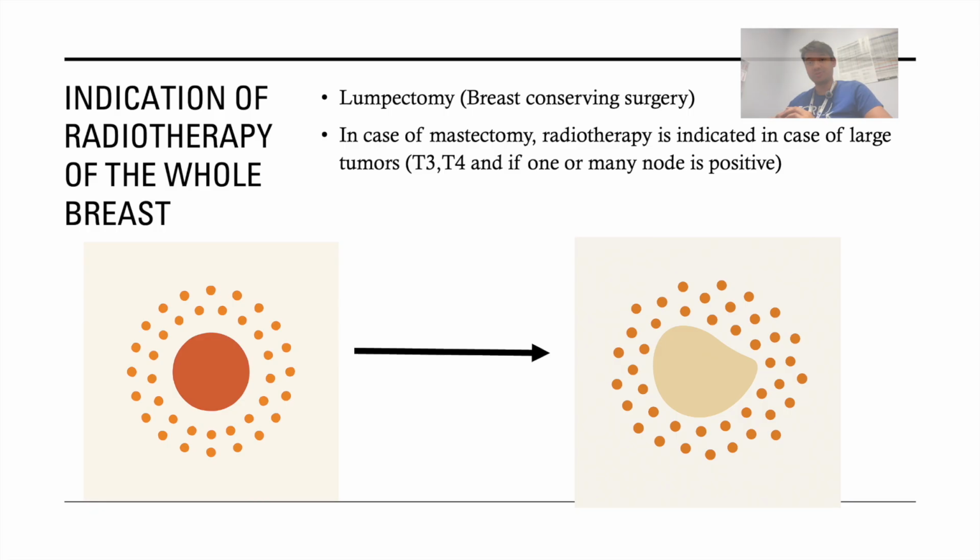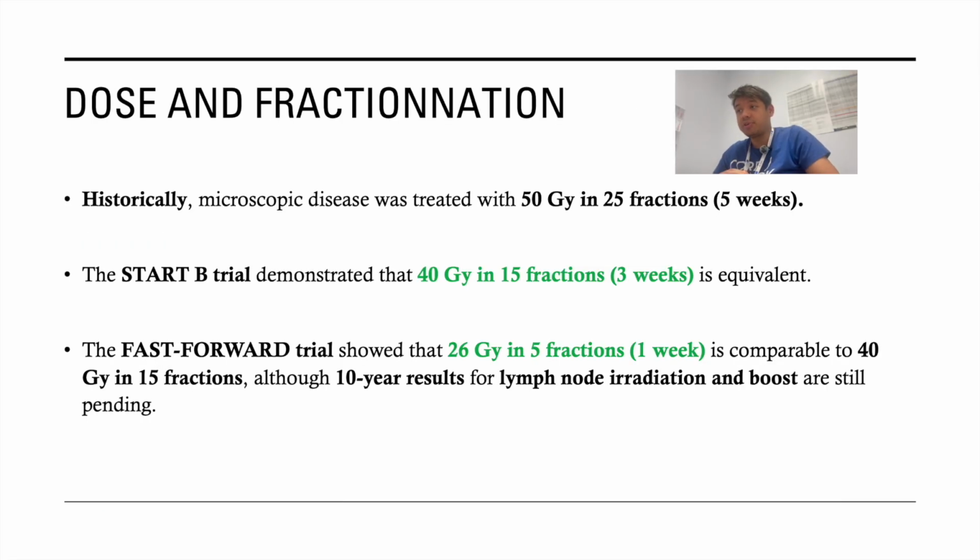Historically, radiotherapy for microscopic disease was delivered with 50 gray in 25 fractions over 5 weeks. Then the START B trial showed that a shorter schedule, 40 gray in 15 fractions over 3 weeks, was just as effective and safe.